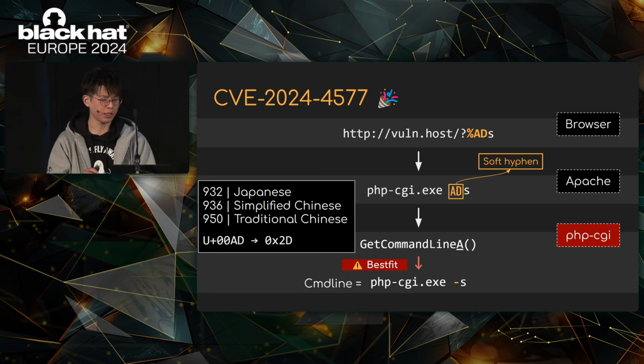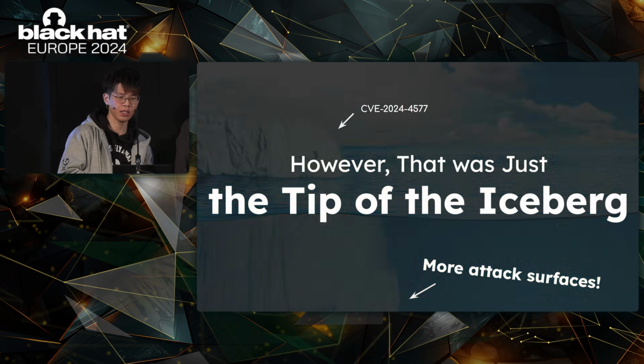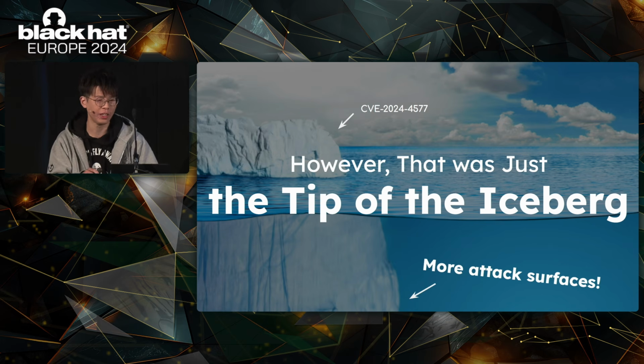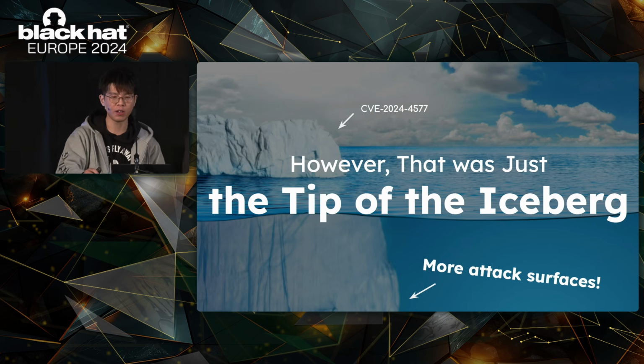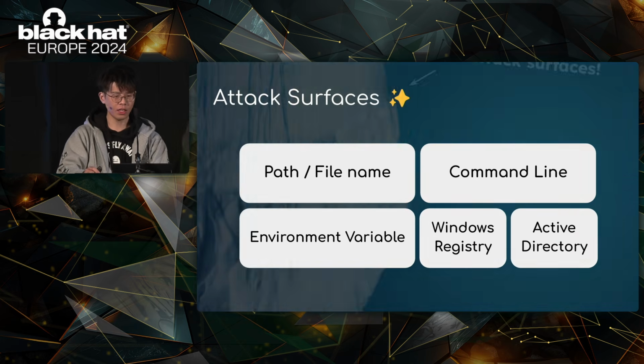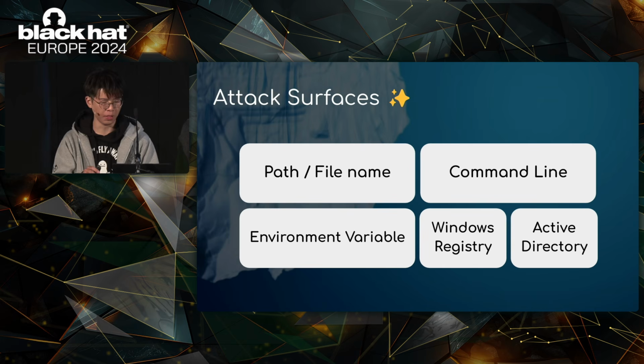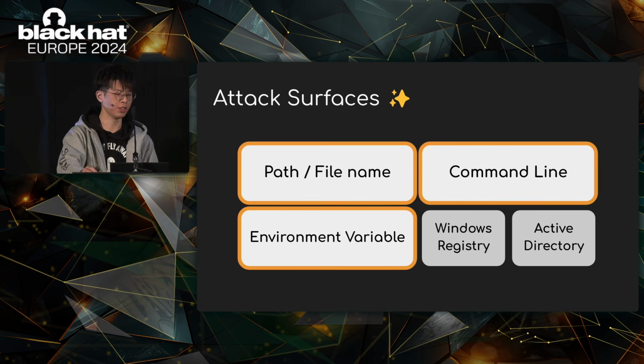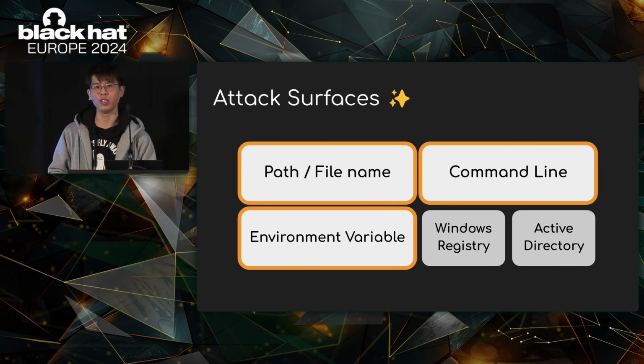This feature is super cool and motivated Splitline and me to take a deep look. As we delved deeper, we realized that the bug is just the tip of the iceberg. There are even more attacks on this feature. So that's how this research was born. Here are the attacks we have so far. Due to the time constraints, we will only cover 3 of them today.